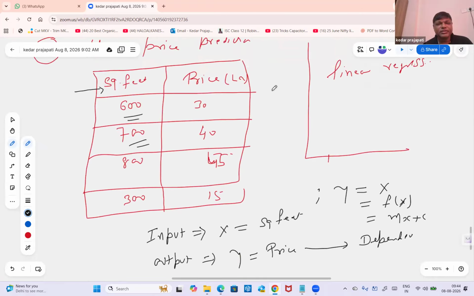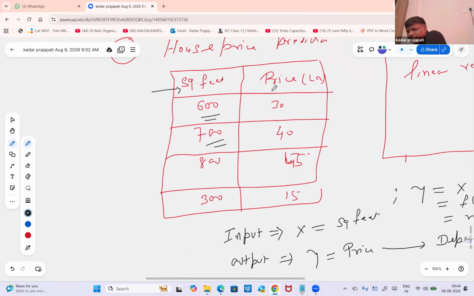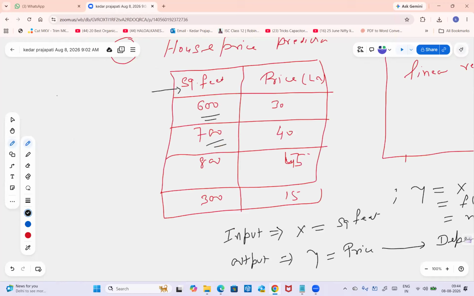So what I'm saying is, in this case, this price is changing, no? So price is dependent on square feet.